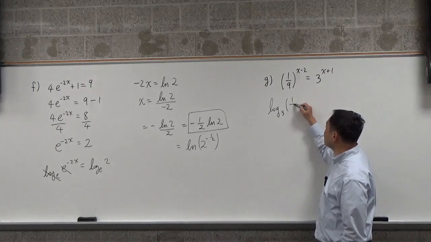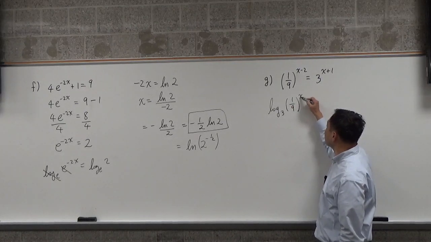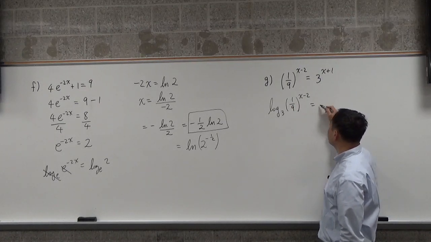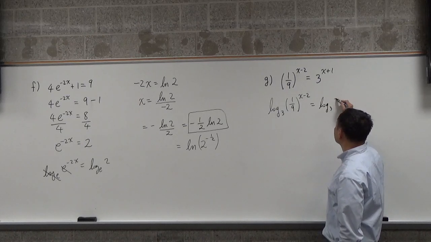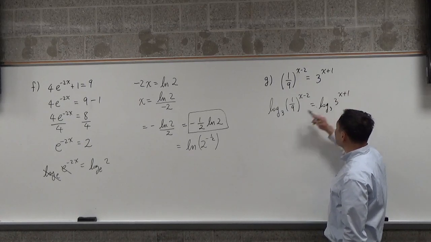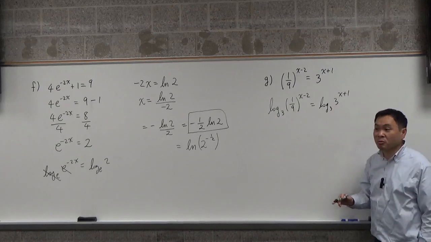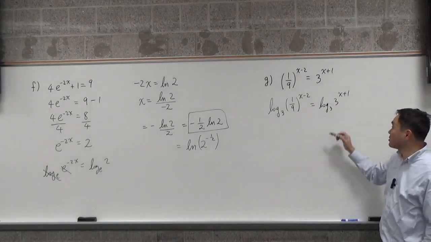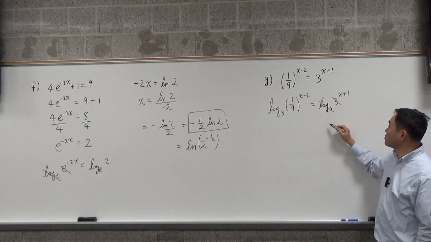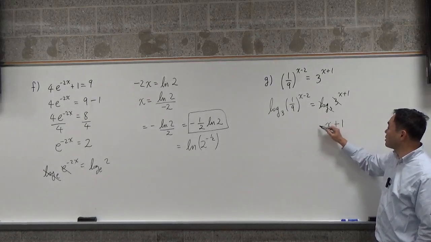So you can take log base 3, and the reason for that is both 9 and 3 are powers of 3, so log base 3 seems to be fitting, right? So that these cancel and you get x plus 1 on the right side.